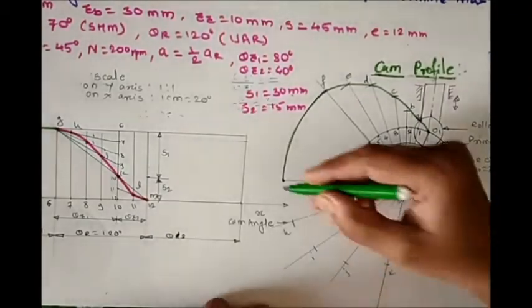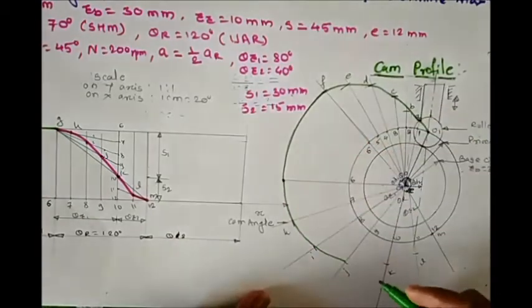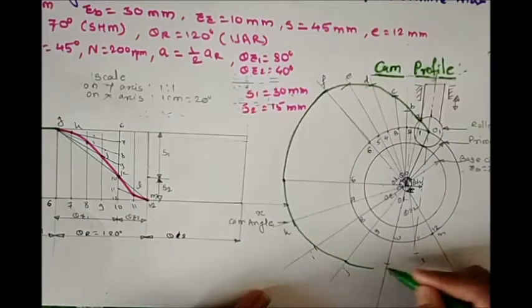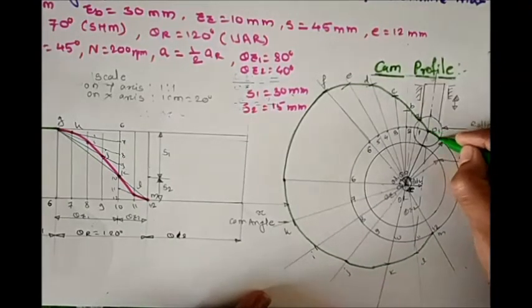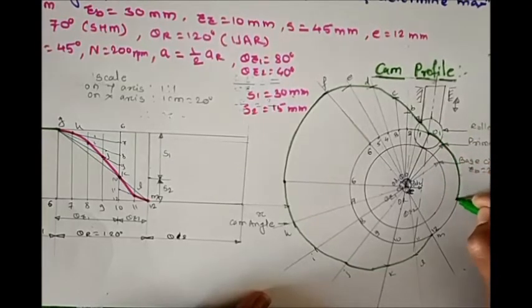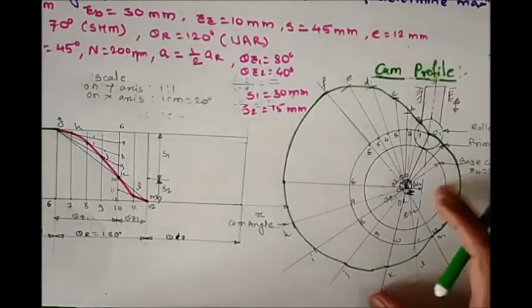Now join these points with a smooth curve, you get this pitch curve during the return stroke. Again this is the dwell period, that is the last 12. Okay, so here we have the pitch curve.